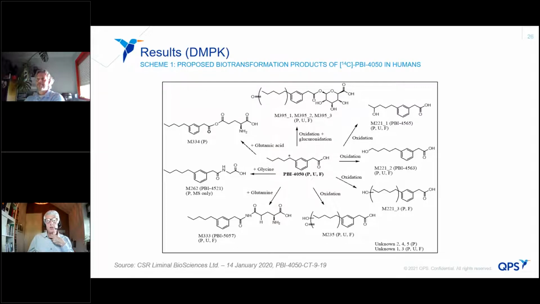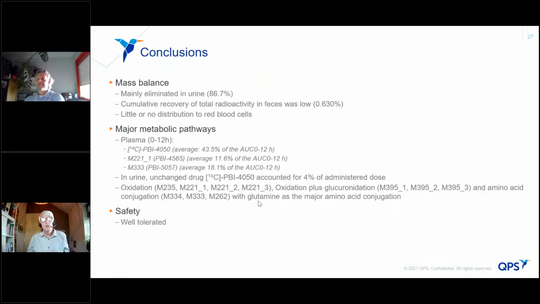After the study, we did conduct the METAB ID, and we discovered a few unknown metabolites, as well as we could also clearly detect the main metabolite, the M221 over here, and the other main metabolite, M333. So this is done after, of course, all the other samples have been analyzed.